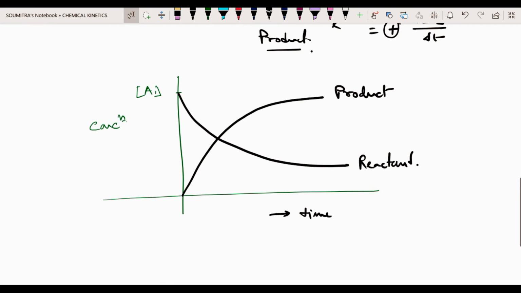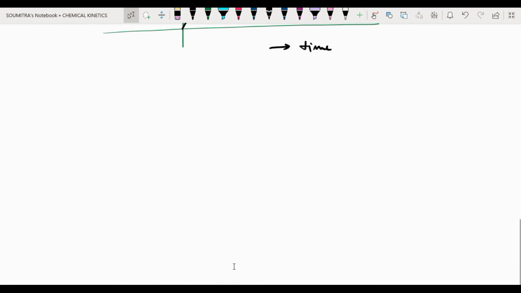Now see, the rate of the reaction can be expressed in two terms, that is the instantaneous rate of reaction and the average rate of reaction. There are two methods for expressing the rate.